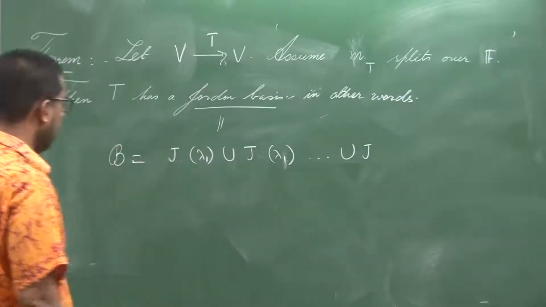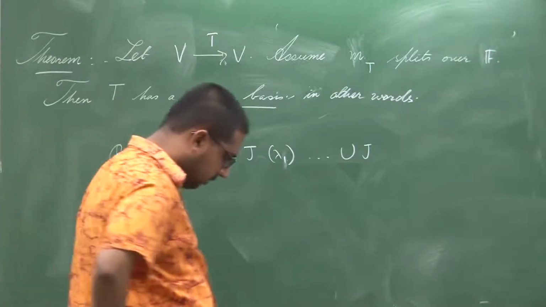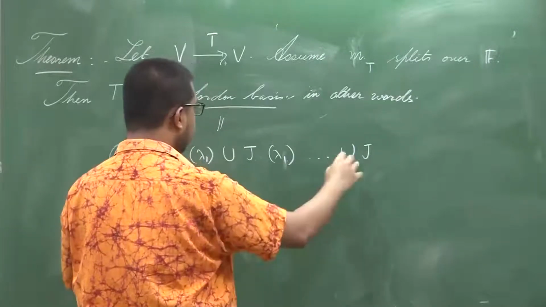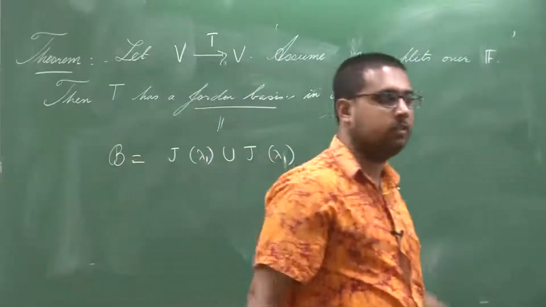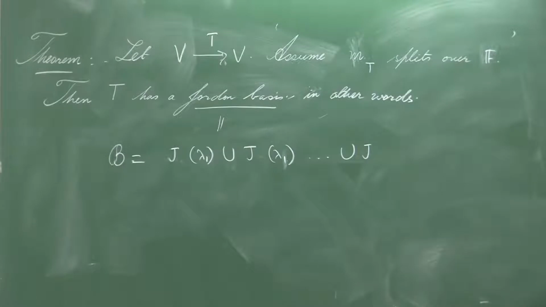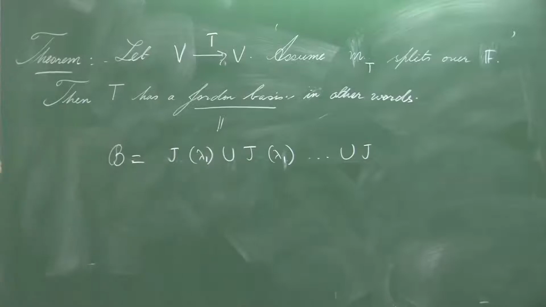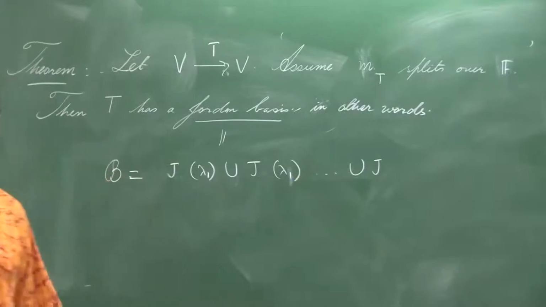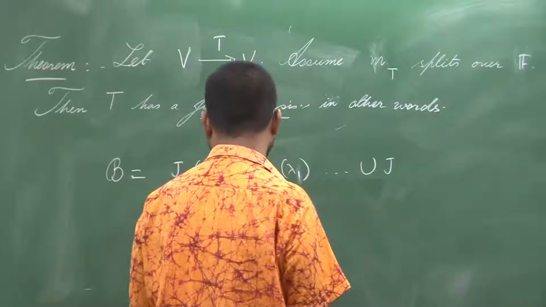I should choose an easy notation which does not make it more complicated. So a Jordan basis means a disjoint union of some Jordan strings. For a nilpotent operator, all the Jordan strings have eigenvalue 0, but here we can have multiple Jordan strings corresponding to an eigenvalue. So you have to formulate that in the proper way.